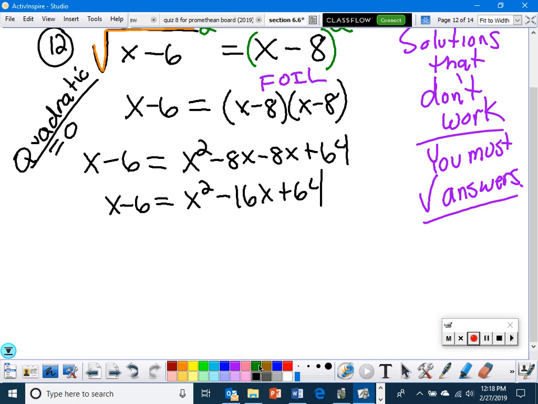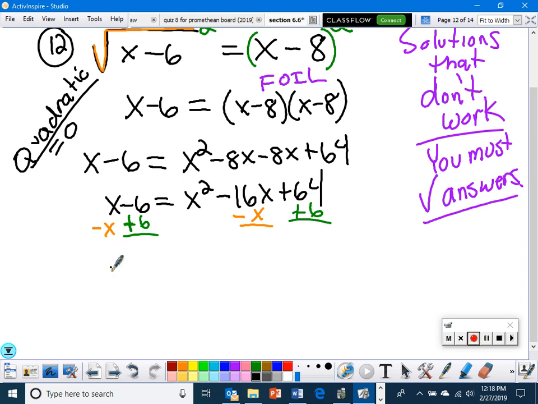So, in order to do that, we are going to add 6. And we're also going to be taking away x.